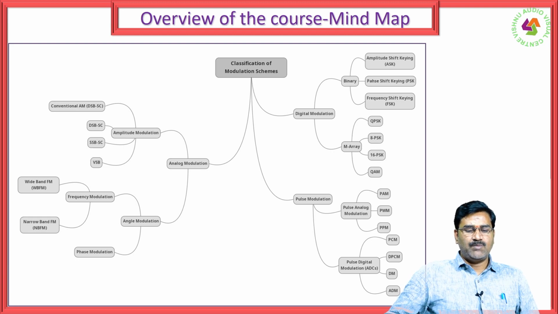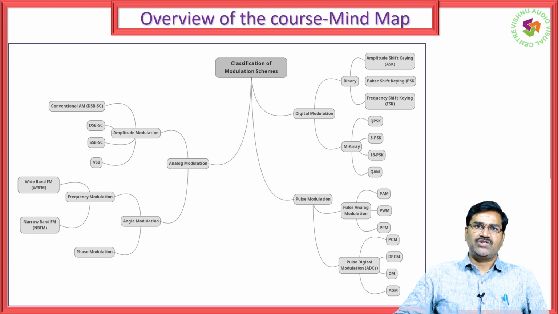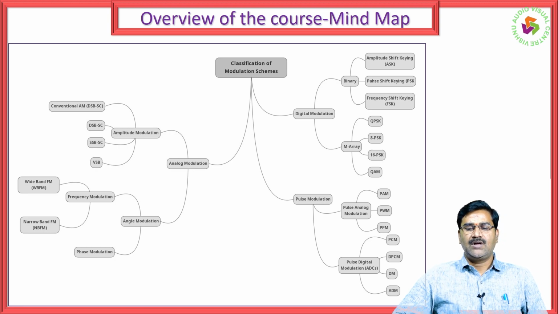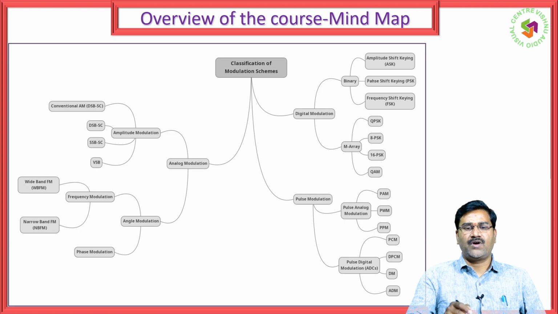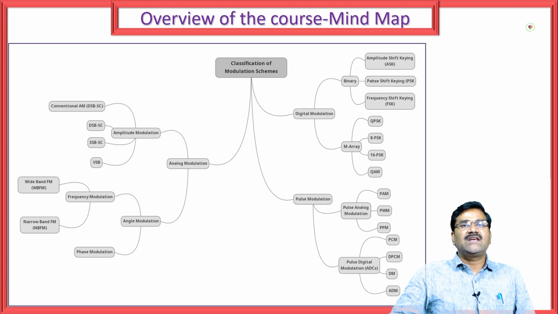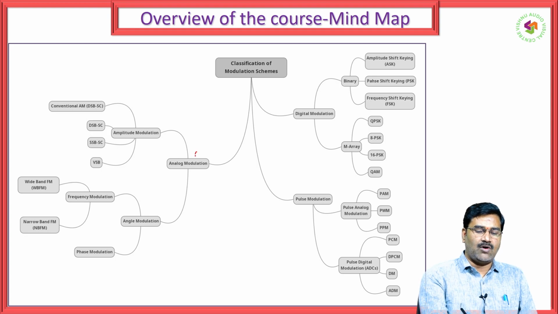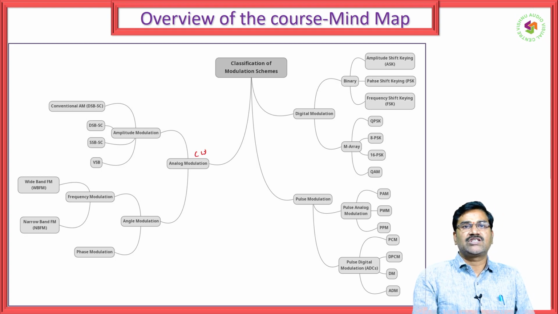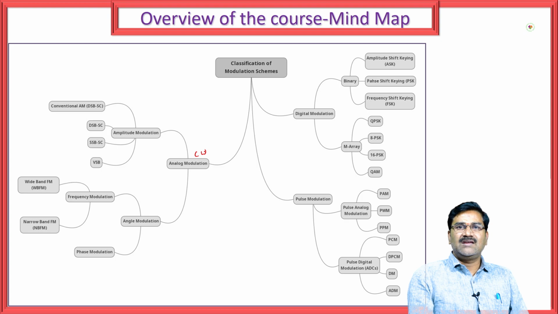Based on the type of carrier used for modulation, we have three types of modulation schemes. This is explained in the form of this mind map. If the carrier is continuous in time, we call it a CW modulation scheme, that is, analog modulation schemes.